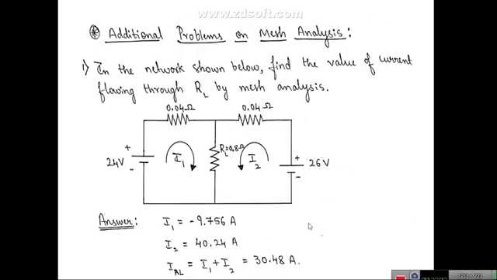Then you will get the two mesh currents, and once you find them, you can get the current through the load resistor, that is I1 plus I2. The current through RL is 30.48, so that is how you verify this answer.